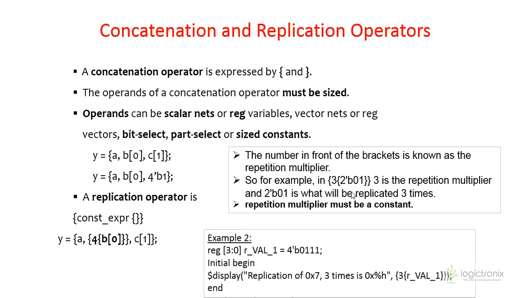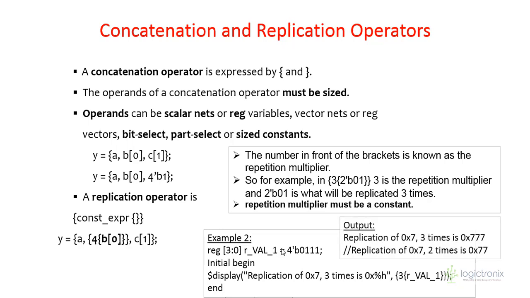So this replication operator is also utilized for doing the same operation multiple times, and we can see some output. So replication of 0x7, that means replicating 0x7 3 times is 0x777, that means replicating the value 3 times.